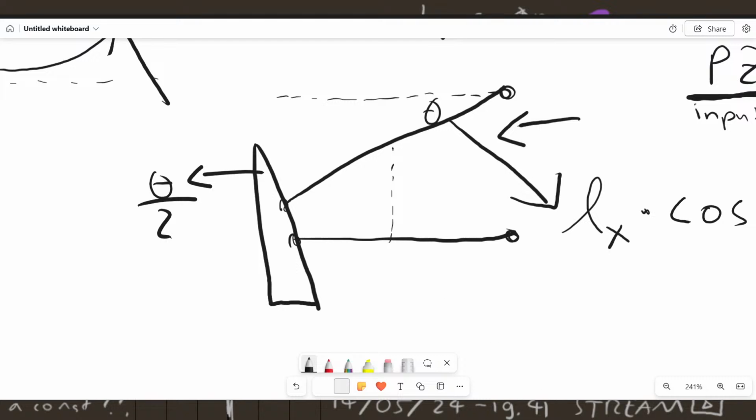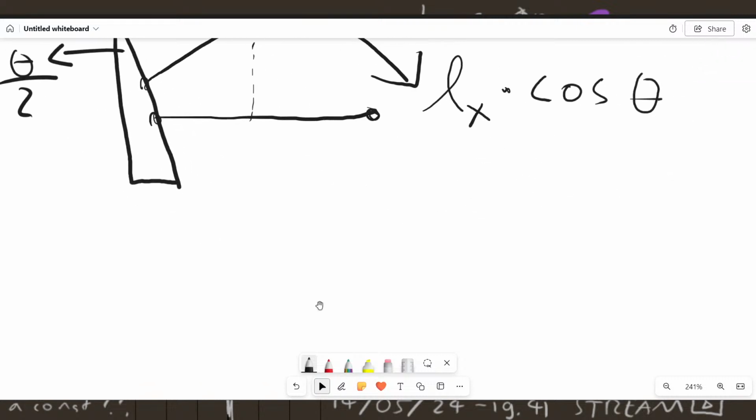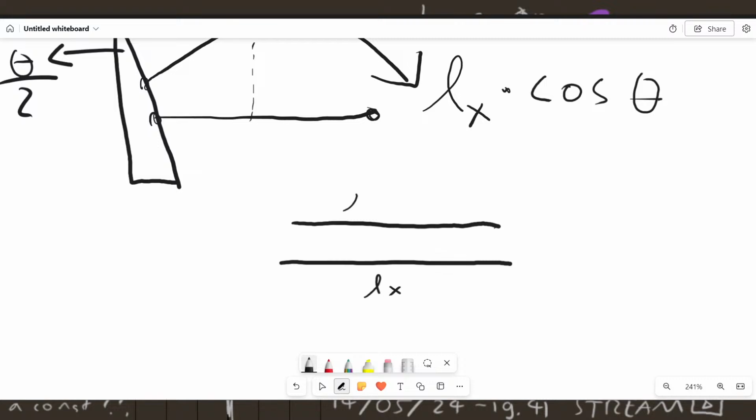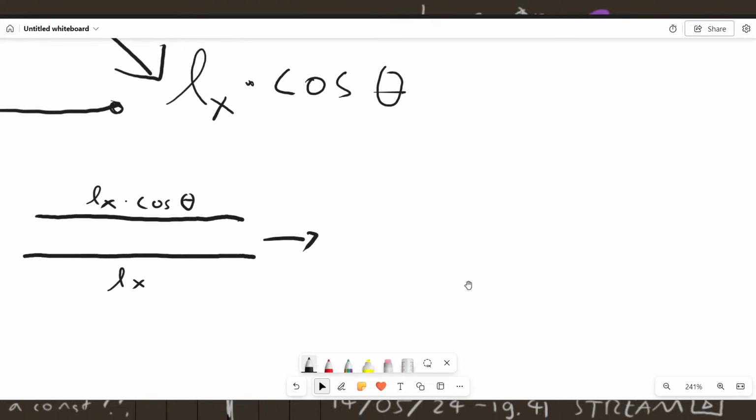So what we're basically doing is, we have this, and we have this. This is Lx, and this is Lx times cosine theta. We want to turn this into this, and a bit of this.